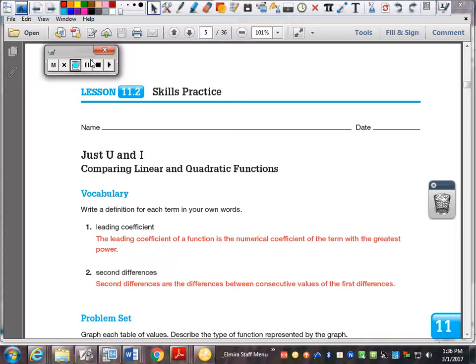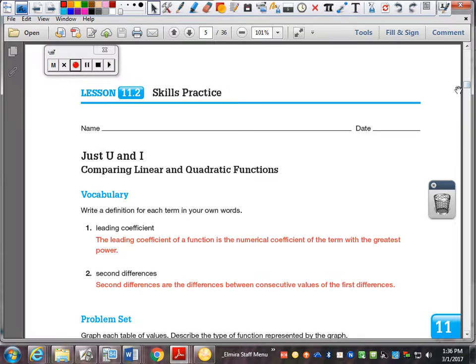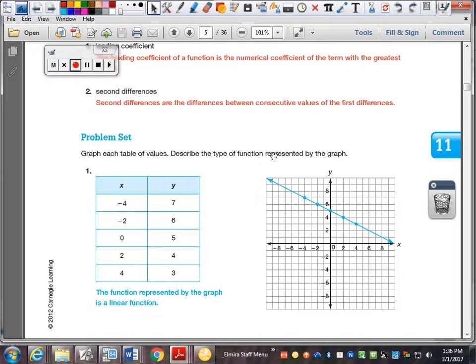So in 11.2, all they're really asking you to do is compare linear and quadratic functions. The first few ask you to look at a graph. For example, here is some data, and then you graph it, and it's not any harder than this, guys.